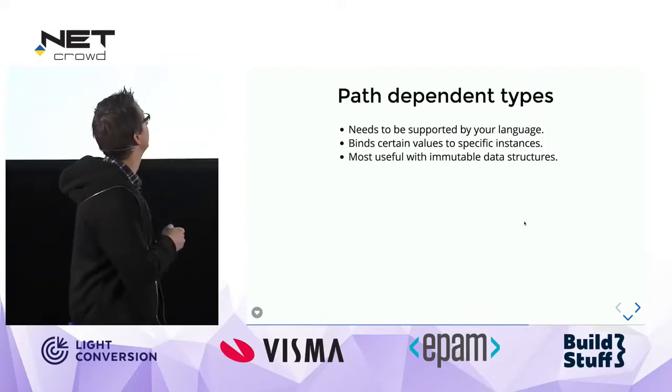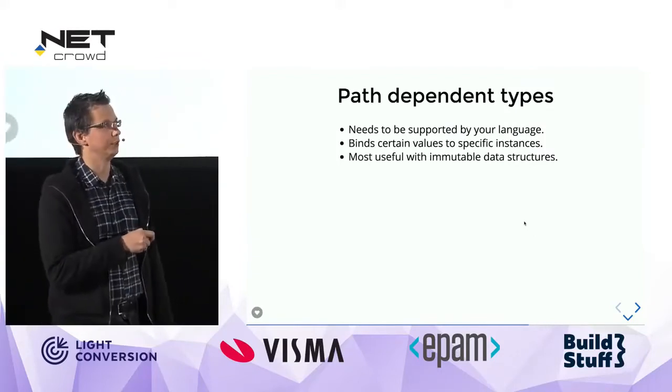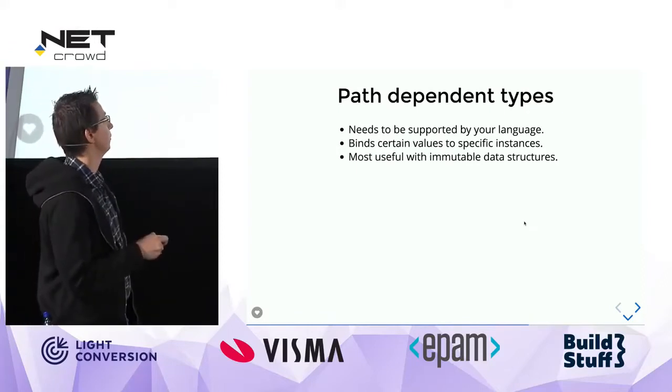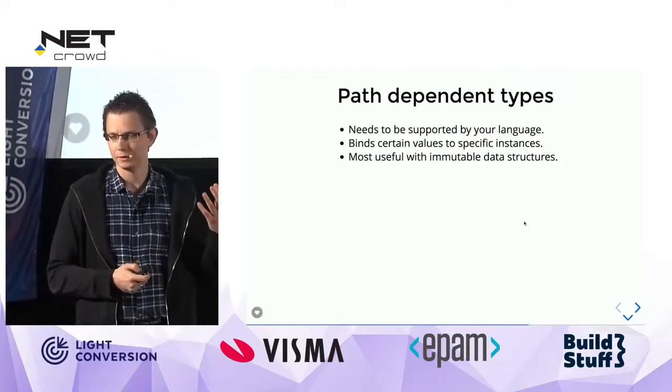Path-dependent types. So this is actually a thing that needs to be supported by a language, like C# does not support that, and it allows you to bind specific values to specific instances, and it's useful with immutable data structures.